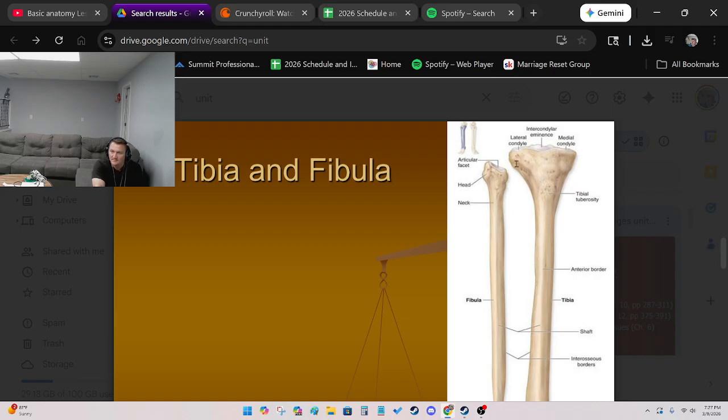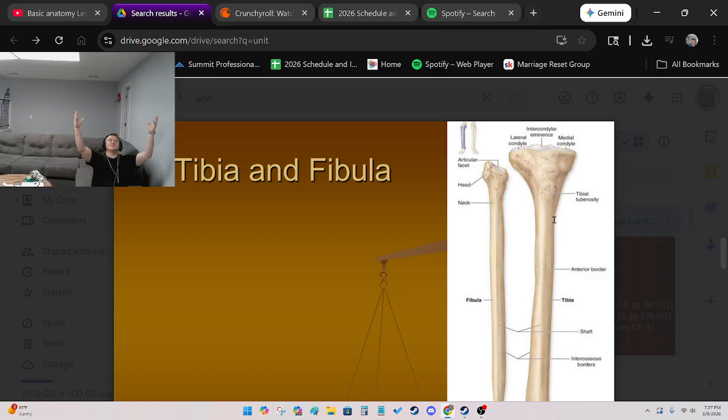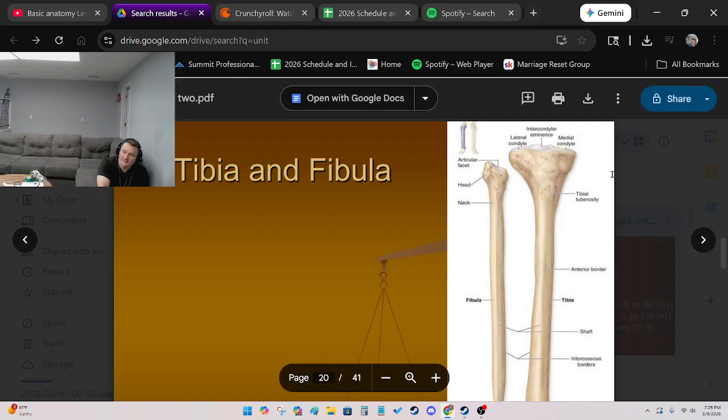Then look, lateral condyle, medial condyle, and the intercondylar eminence. The eminence is at the very top. Intercondylar eminence is this point in between the condyles.